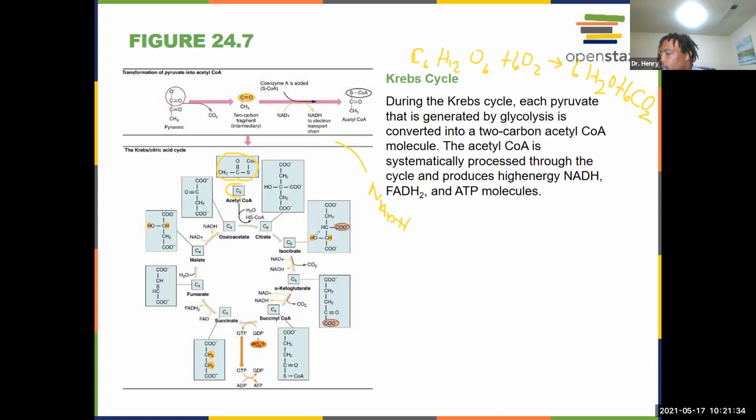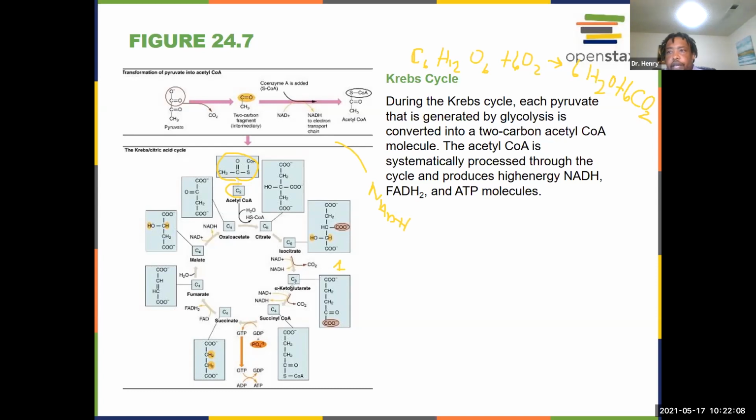And then we're going to end up with isocitrate. Here, we're going to lose 1 CO2. So we lose 1 carbon. So then now we have C5, right? And that's going to make the alpha ketoglutarate.